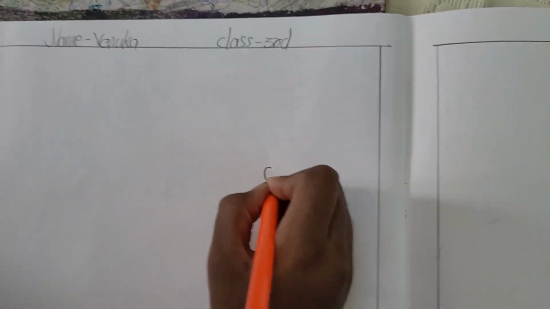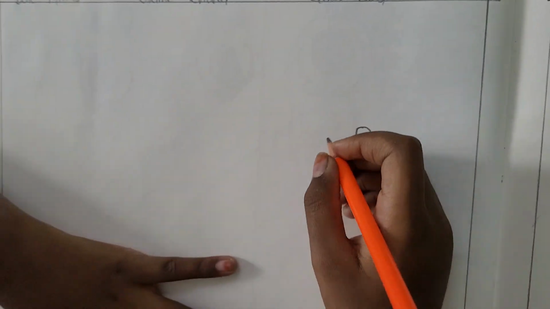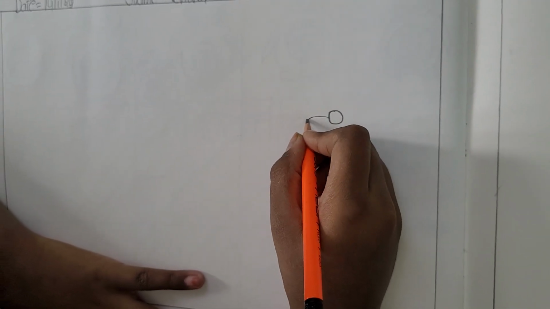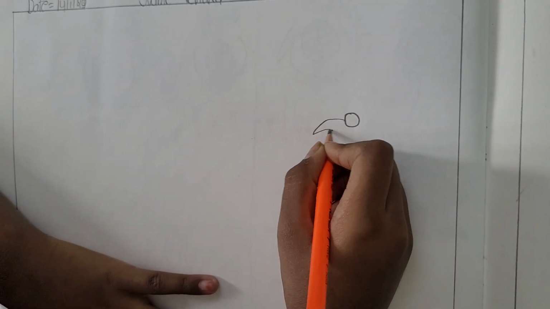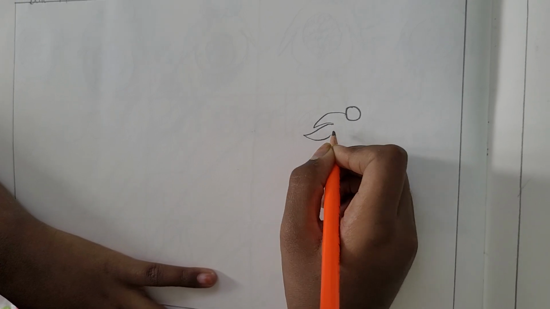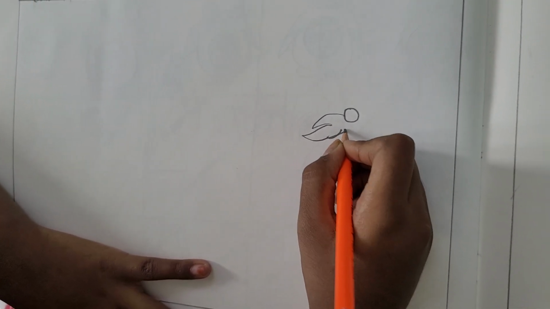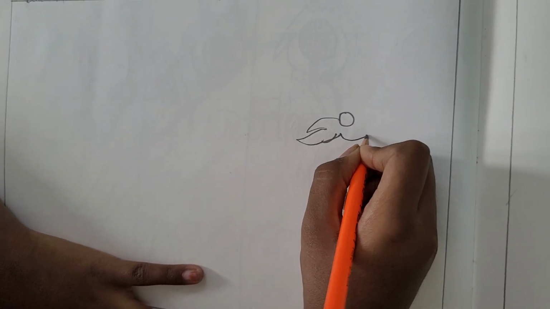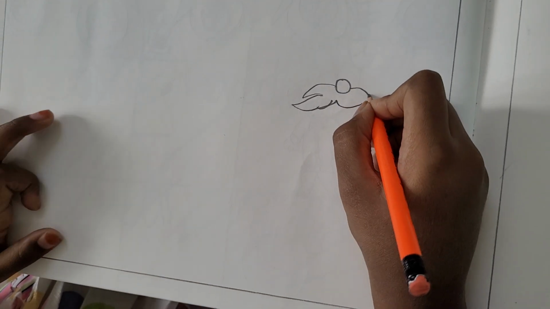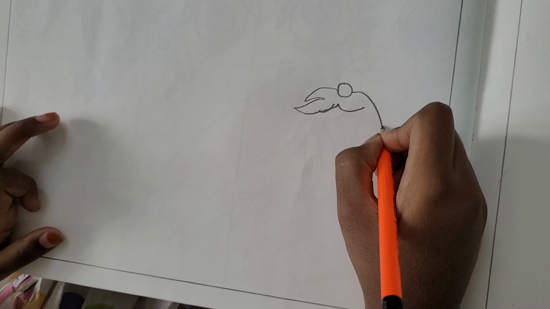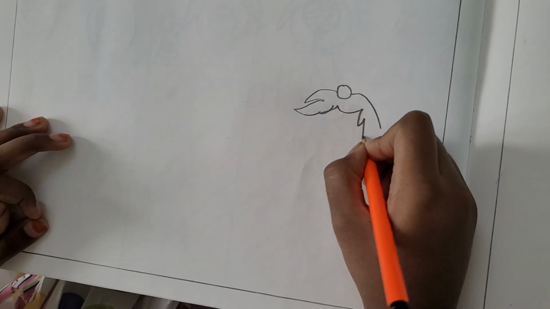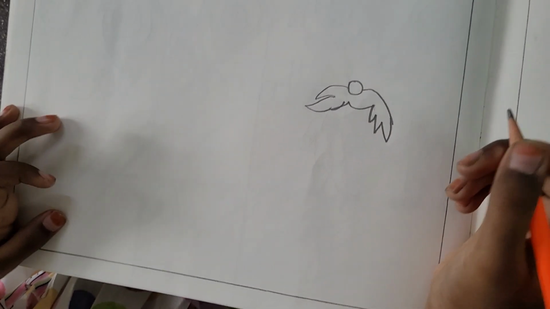First one circle and like this, like this, like this. Okay.